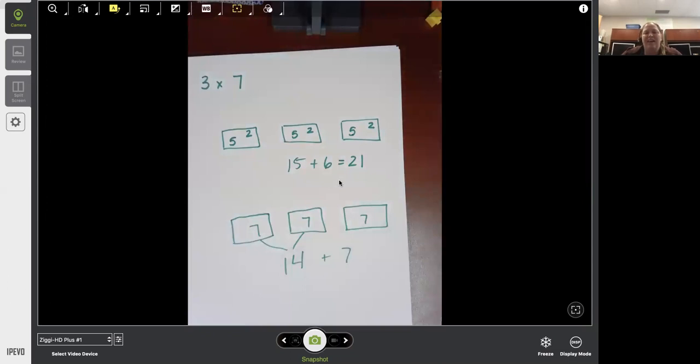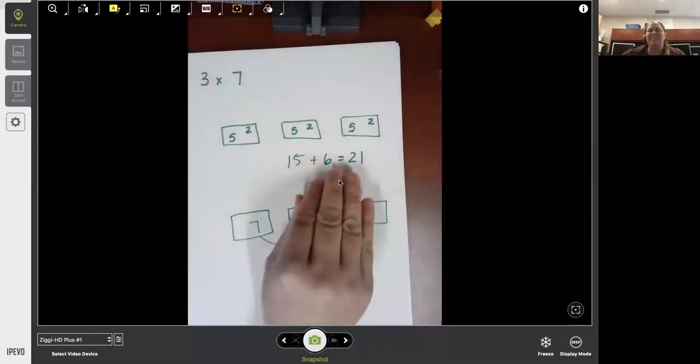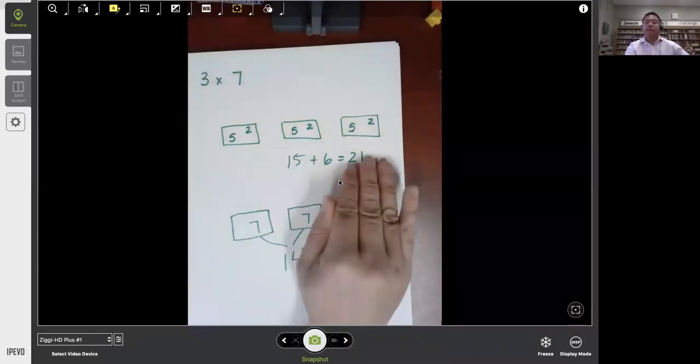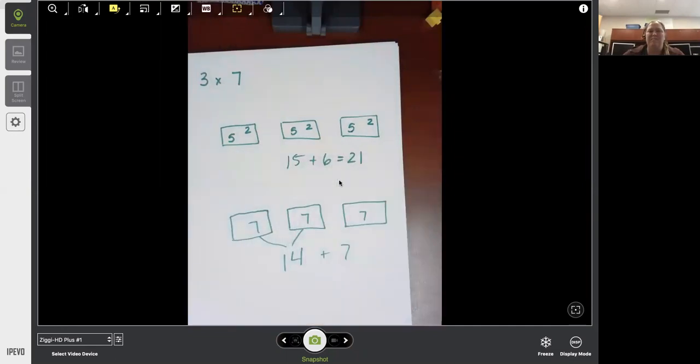I think that it is helpful for students to be able to be flexible here about which factor is being broken up. Okay, so a variety of strategies is always good. I think they will come to this one very easily. This one, I think, will require some more support from instruction.